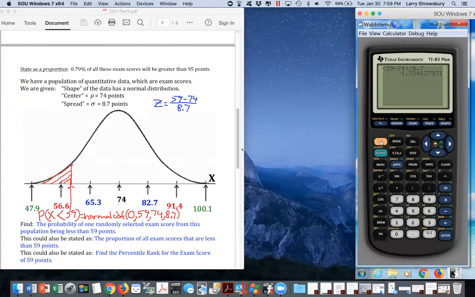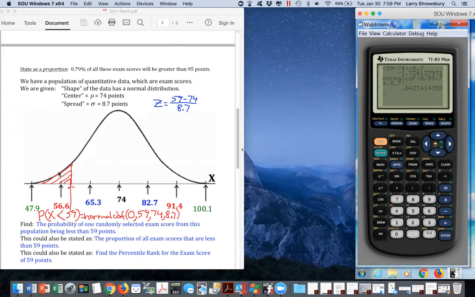So we press second, vars 2. And whatever lower bound you wanted, put that in, comma, and then a 59, comma, 74, comma, 8.7, right parenthesis. And then we can hit enter.